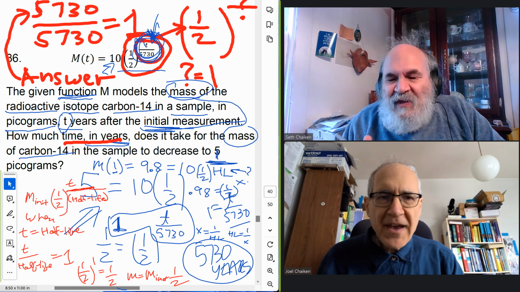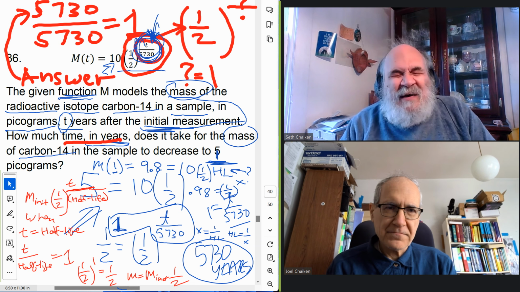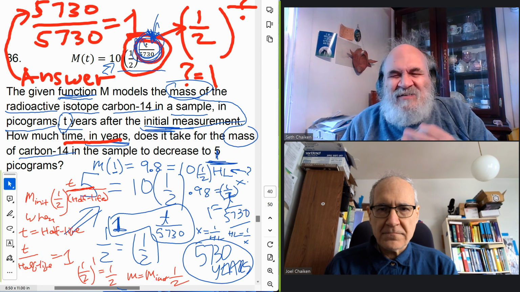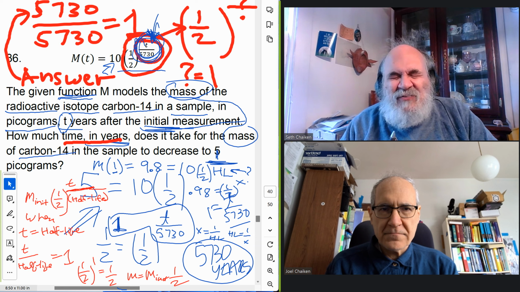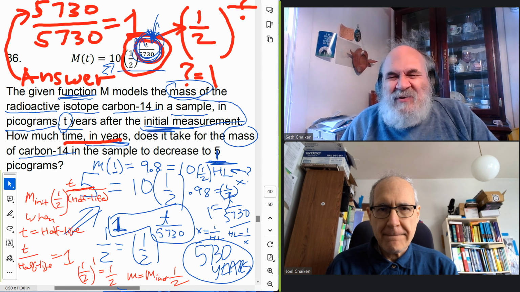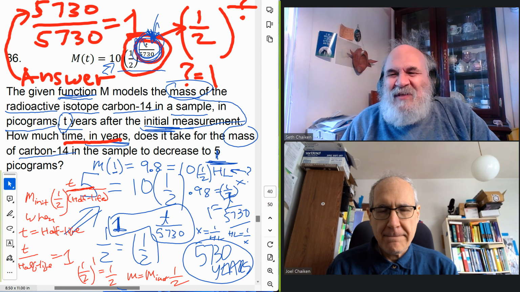Not long after the discovery of radioactivity, scientists measured half-lives of all sorts of radioactive substances. Now, how do they measure the amount of the radioactive isotope in a sample? They don't measure it by weighing it.